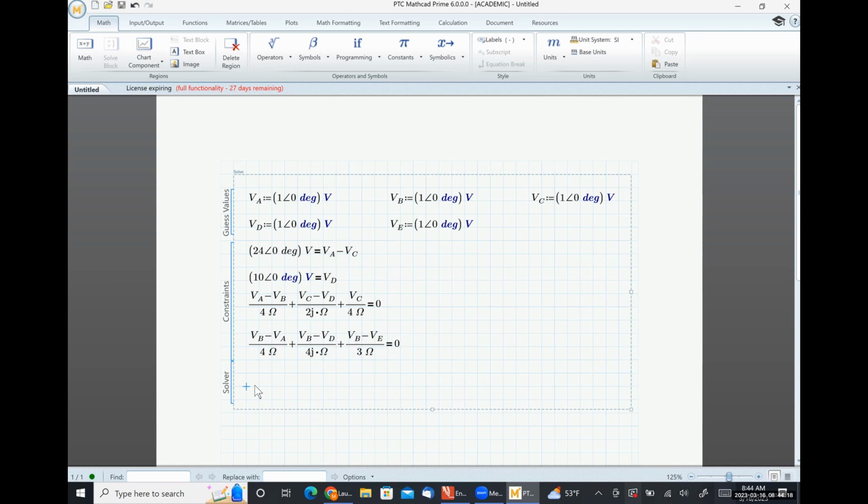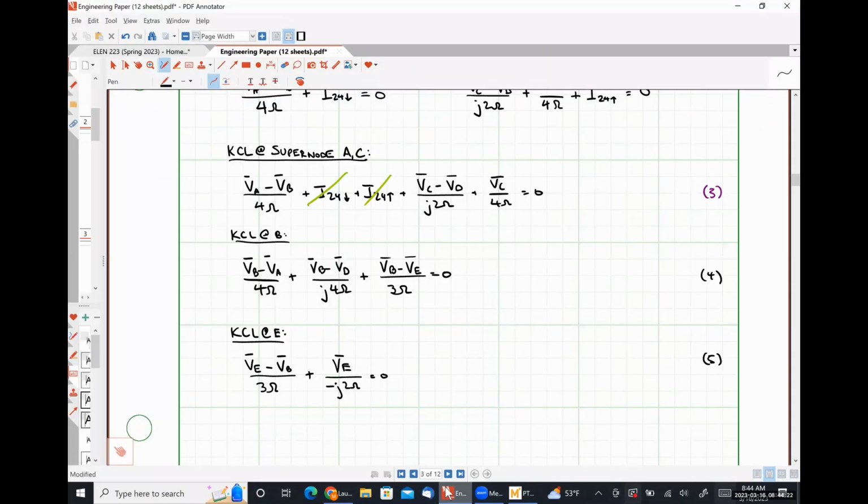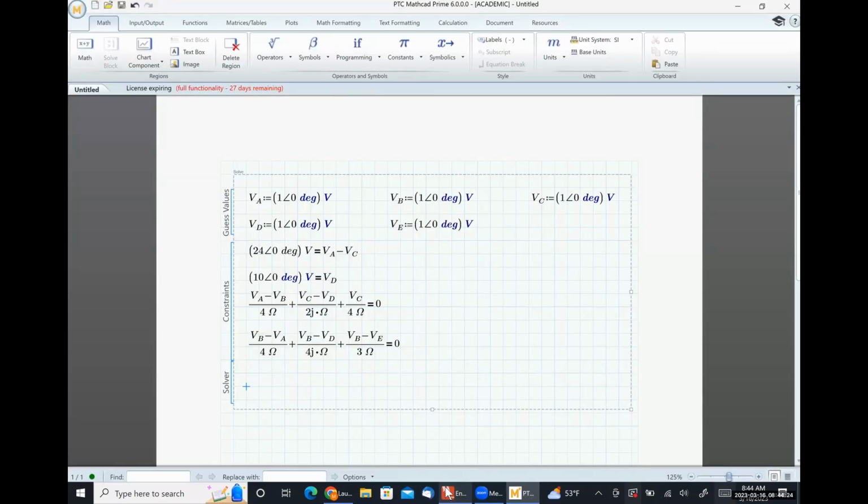And then I'm going to have my last constraint equation, VE minus VB over 3 plus VE over minus J2 is equal to 0.